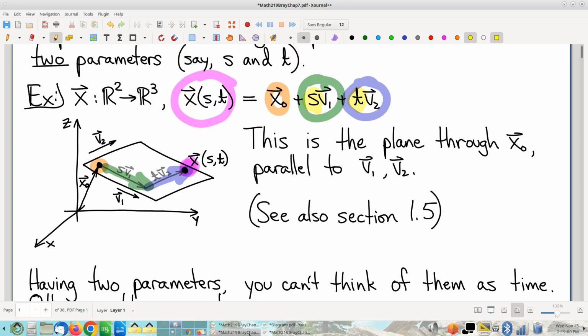You can't have two independent notions of time. It doesn't make sense, right? That's weird. So that particular imagination tool we have to kind of let go of. But nevertheless, you can certainly represent any point on this plane in this way by just making appropriate choices of S and T.